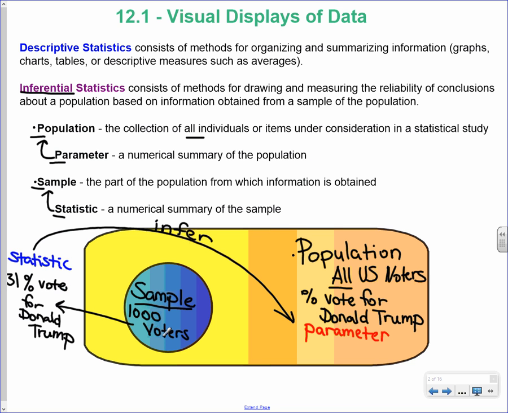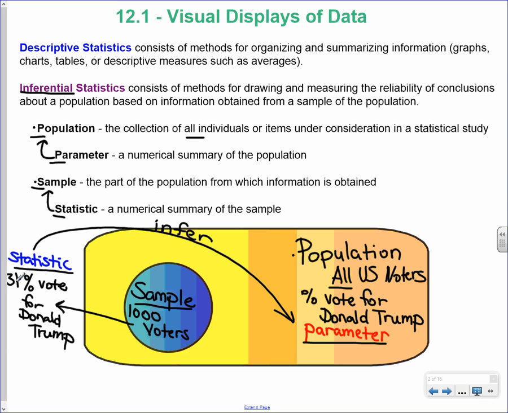Well, the way they do that is they figure that if they take a good sample that's representative of the population, when they get this statistic, they can use inferential statistics to say that this is a pretty good sample from the population. So I'm going to infer that the true parameter, the true percentage of people that are going to vote for Donald Trump, is probably pretty close to the statistic that I got from my sample.